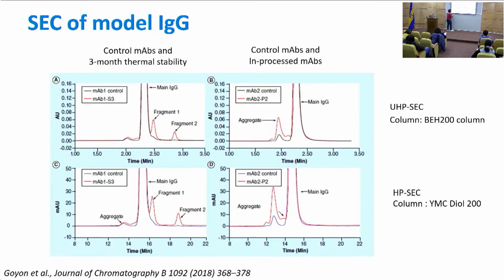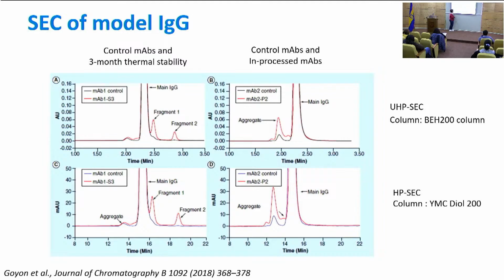So that means here, because the first MAB was a control one, but you see here in this first peak, you see small aggregates. But in this case, the quality control attributes say this is less than 0.1% of the MABs that is aggregate. It's okay.